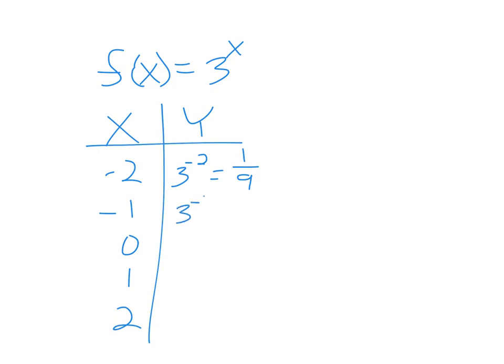We'd then get 3 to the power of -1, so 1 over 3. We would have 3 to the power of 0, which is 1. 3 to the power of 1, which is 3. And 3 to the power of 2, which is 9.